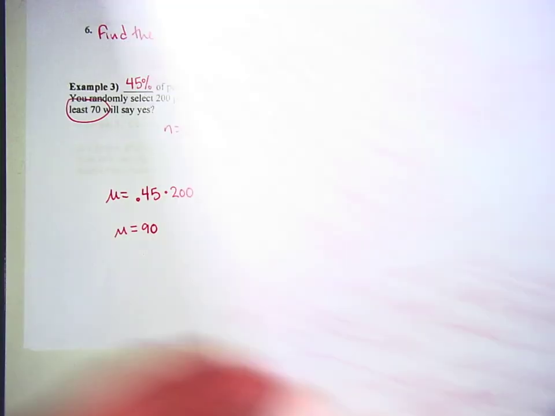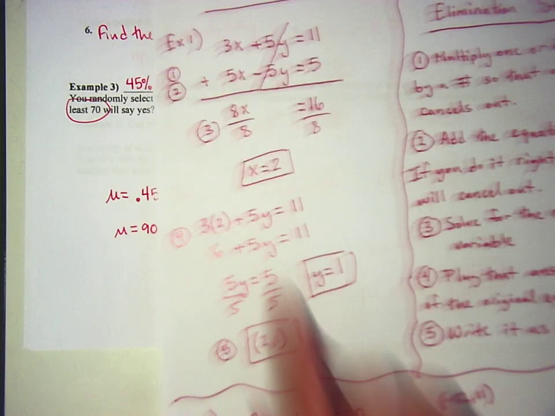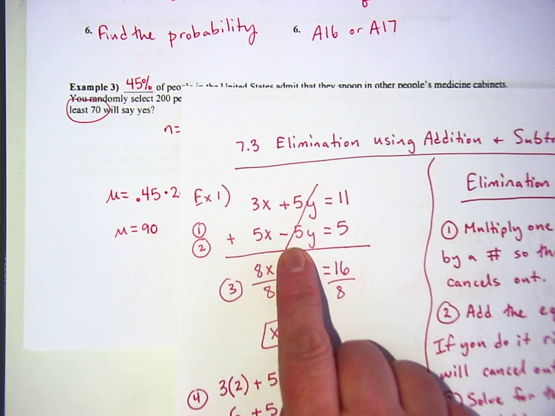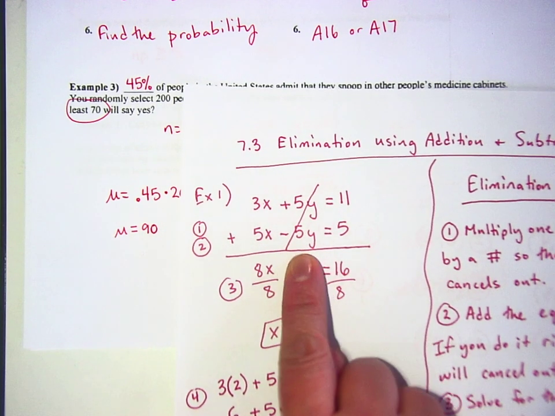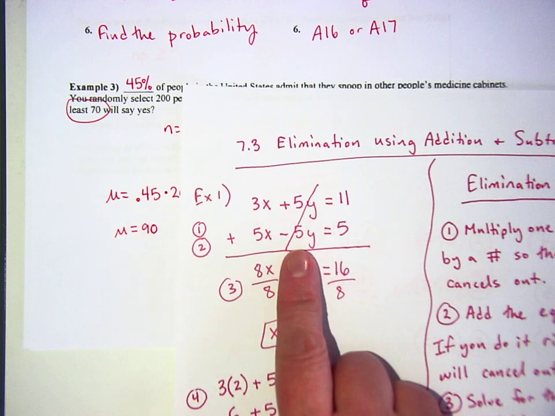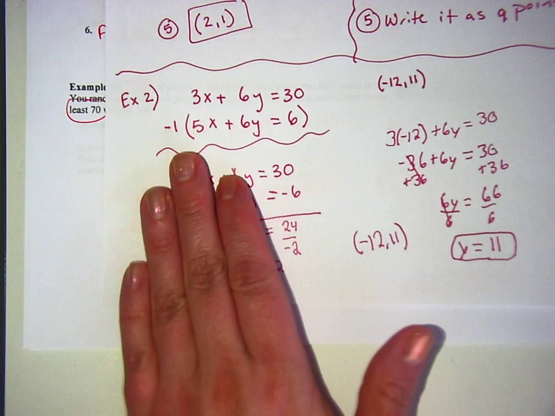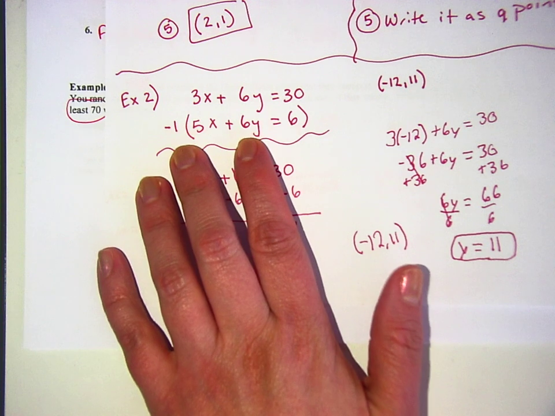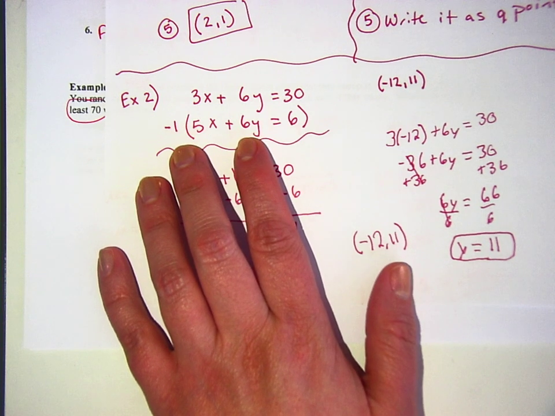Now, the funny thing is that we did this one, right? 5 and negative 5. And I was like, if you add these together, do they cancel out? And they're like, yeah, 5 and negative 5 cancel out. And I'm like, that's right. Good job. So we canceled them out immediately. This one we had to multiply by negative 1 first because the 6 and the 6 don't cancel out. But I was like, do the 6 and the 6 cancel out? And the whole class was like, yes.